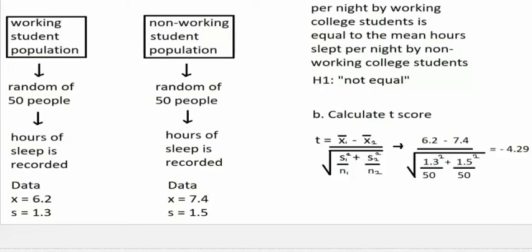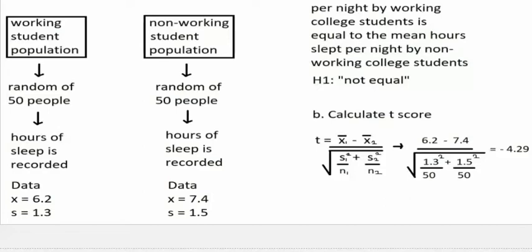In the two-sample t-test, the test statistic is the t-score. You calculate the t-score, then you go to the t-table to look up the critical t-score, and then you compare the t-score to the critical value.